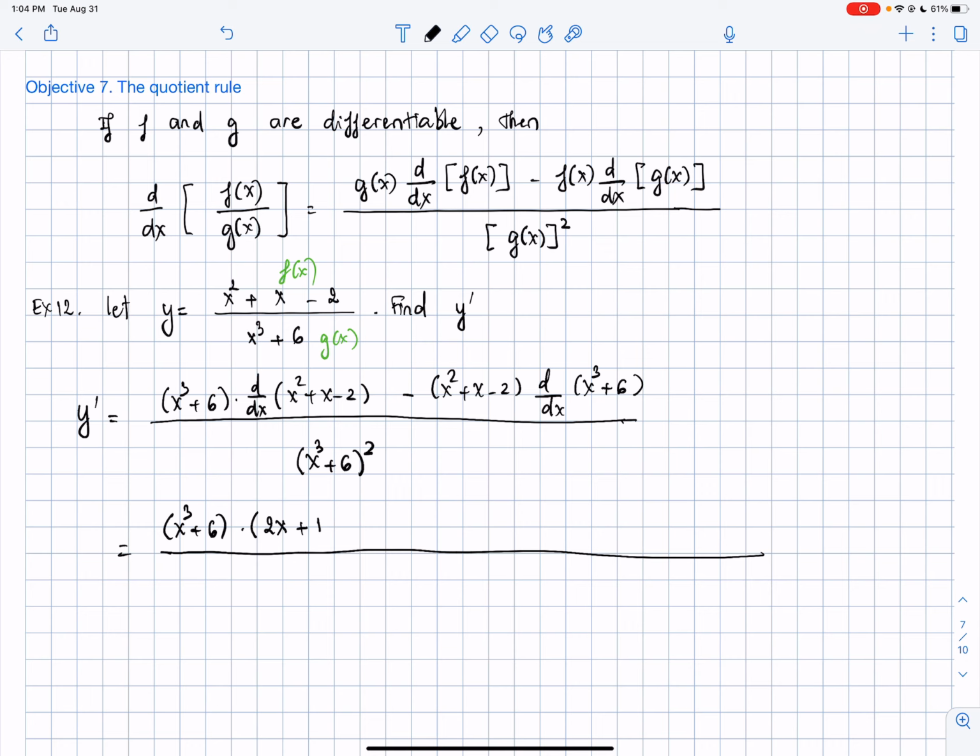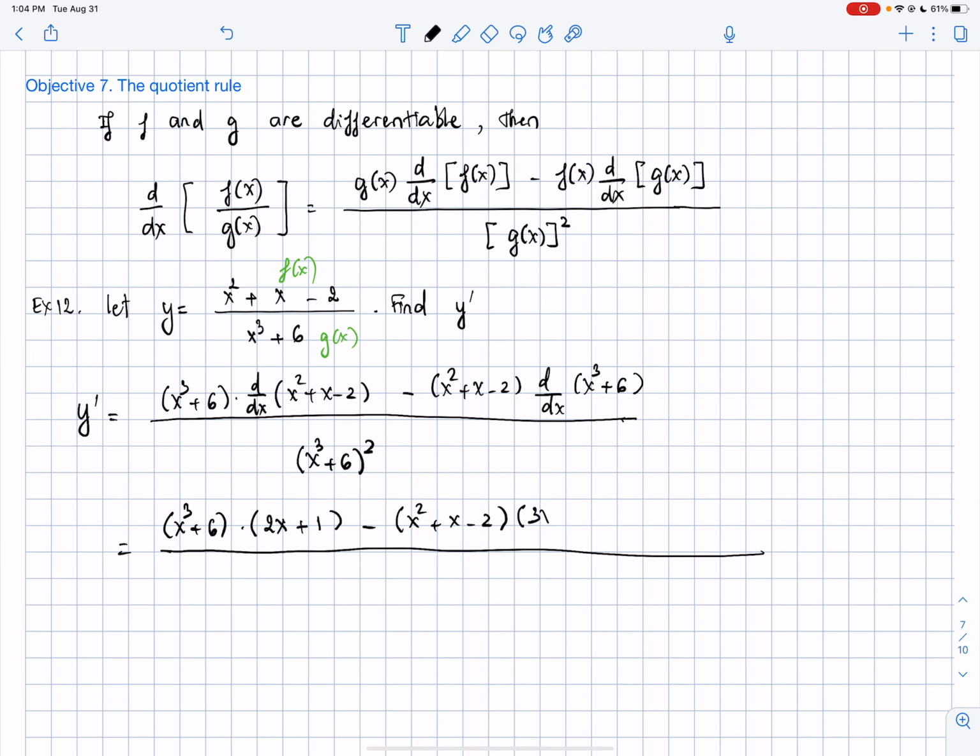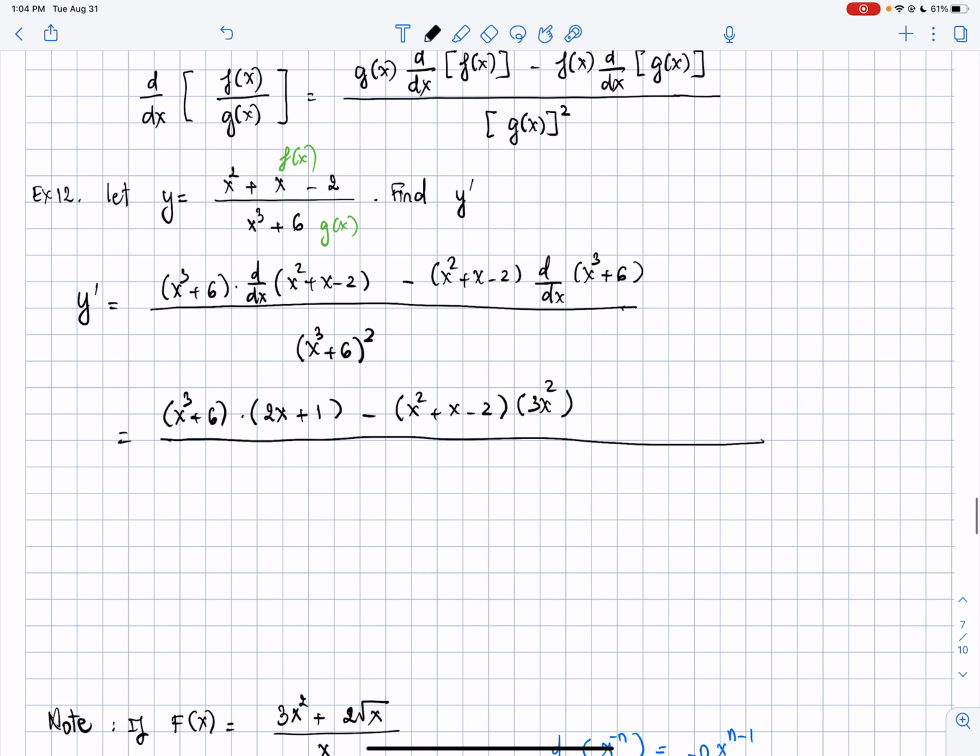So we got 2x plus 1, minus x squared plus x minus 2 times the derivative of x cubed, which is 3x squared, plus the constant 6, whose derivative is 0. And in the bottom we got x cubed plus 6, squared.